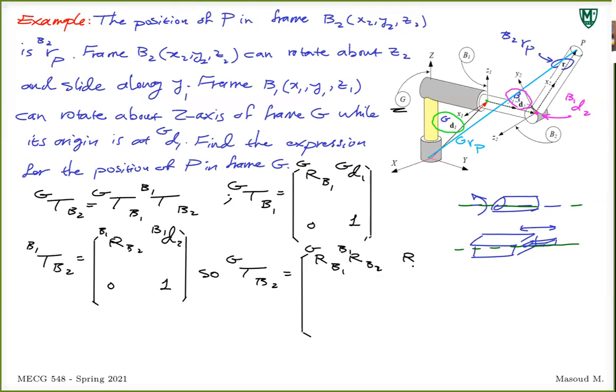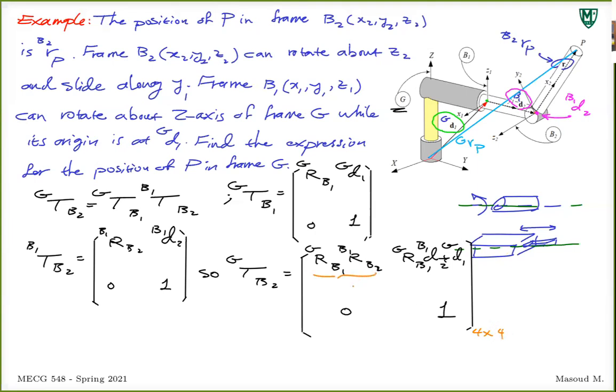Then you have R B1G D2B1 plus D1G, and then you have 0 and 1 there. I'm just writing it in the general form. Obviously, this is a 4x4 matrix, the whole thing.